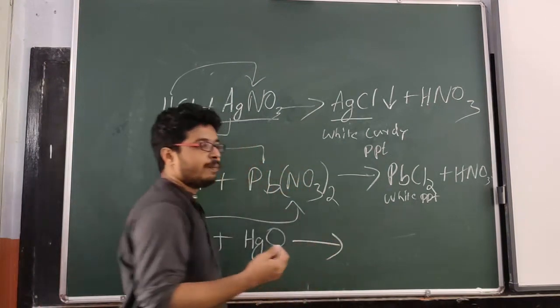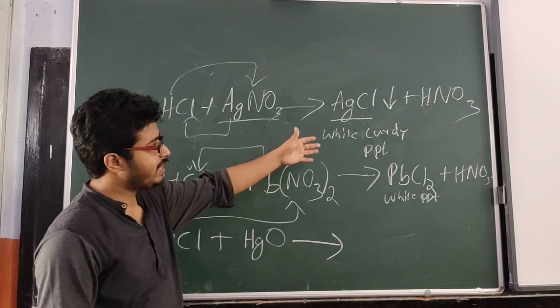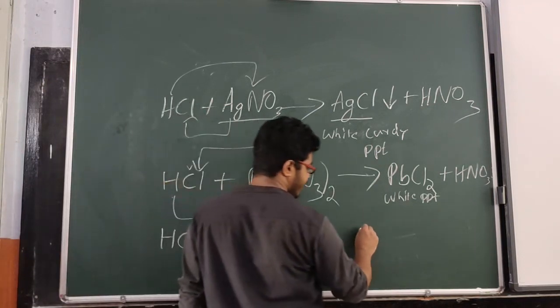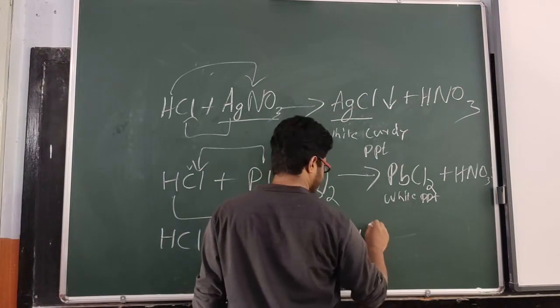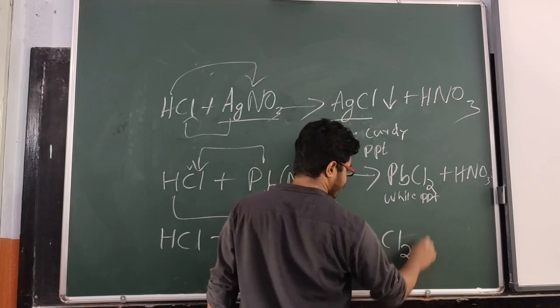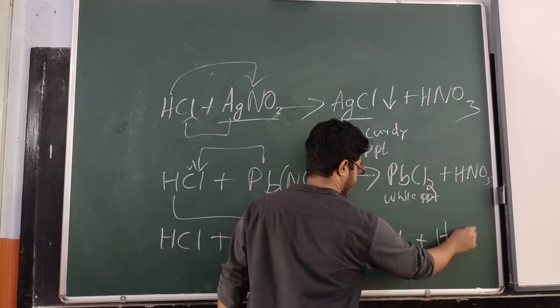Because metal oxides are basic in nature, acid plus a metal oxide will give the same reaction. So HCl plus HgO will give HgCl2 plus H2O.